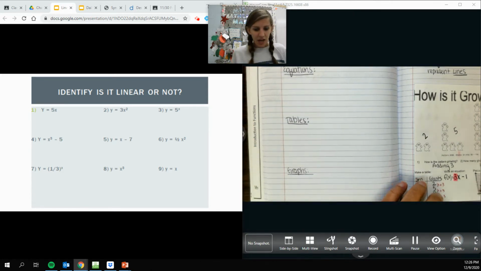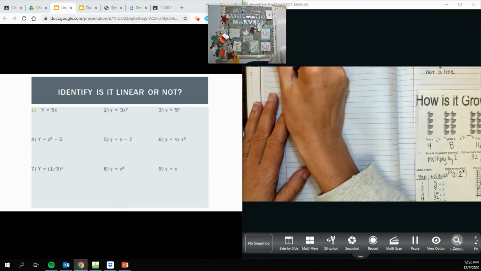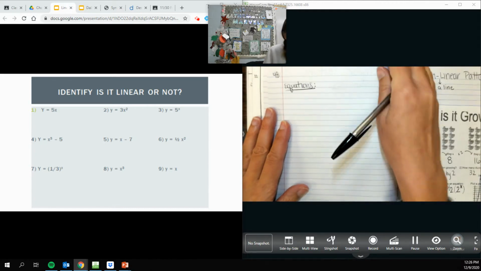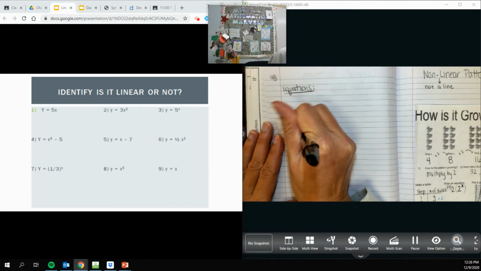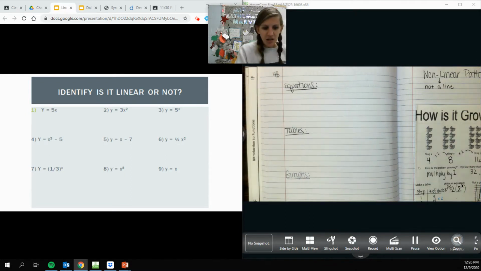And same thing on 48. So we're just putting these headings here and we're going to add to them. So equations, tables, and graphs. I have to change colors here.